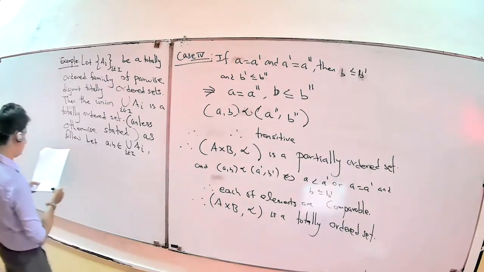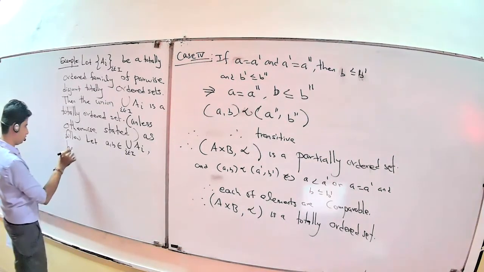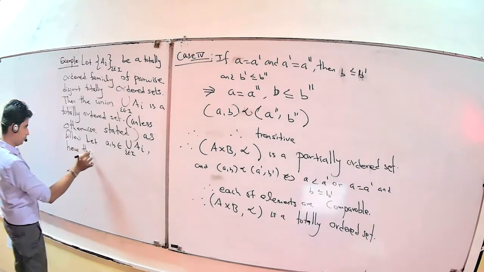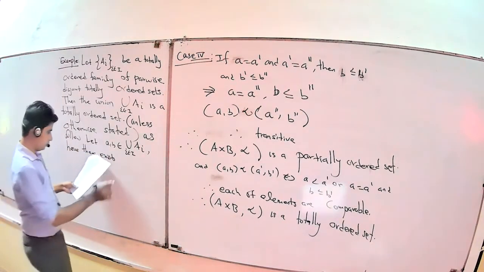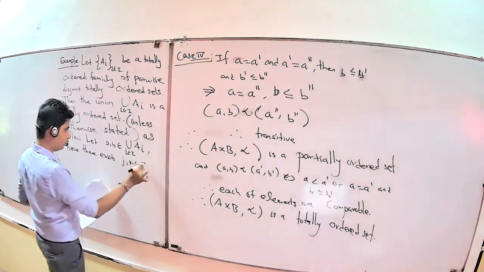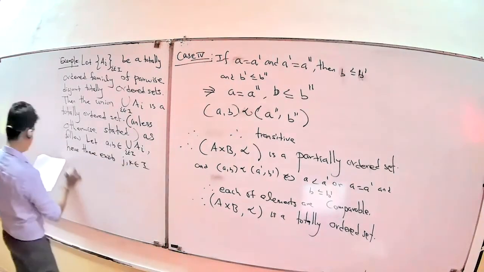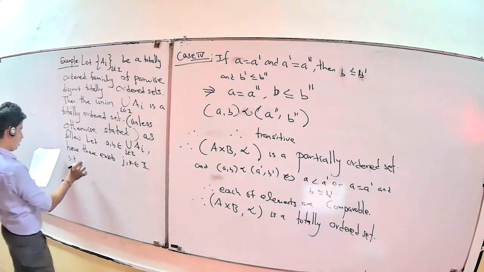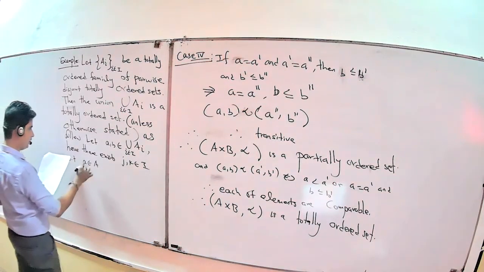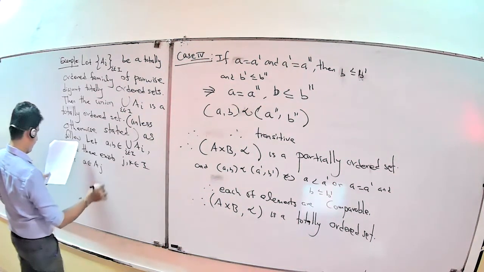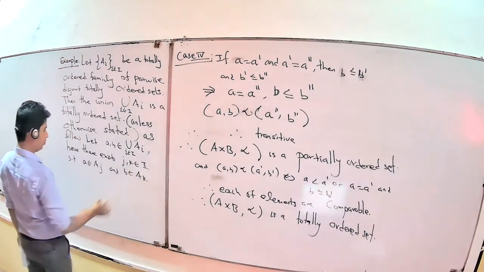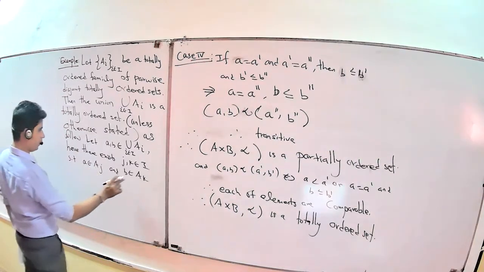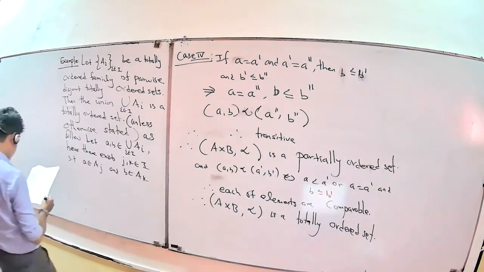Hence, there exist j, k belonging to the index set such that a belongs to A_j, taking an arbitrary a, and b belongs to A_k.